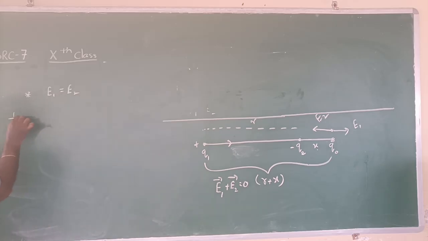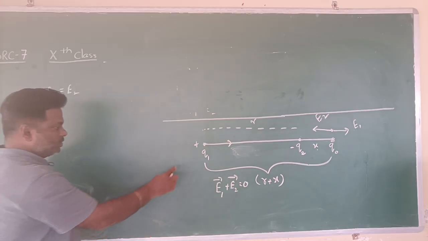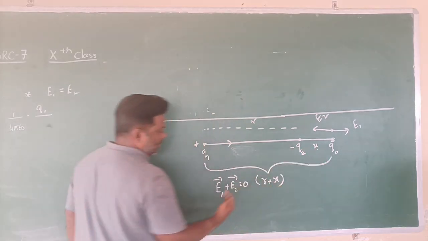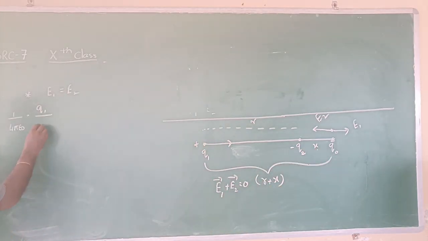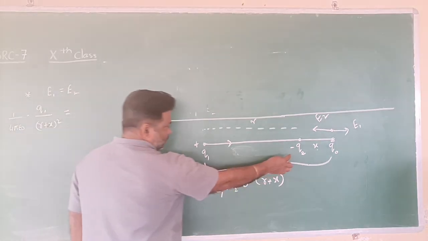That is why the electric field intensity is equal to 1 by 4 pi epsilon naught, Q1 by, what is the distance between Q1 and Q0? r plus x, from the figure, whole square, is equal to E2. E2 is the electric field of Q2.